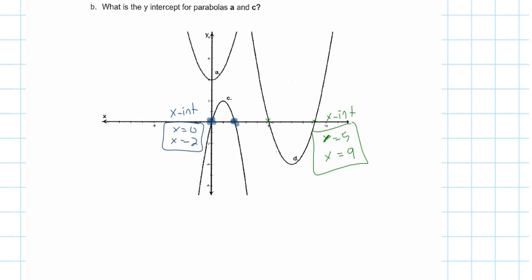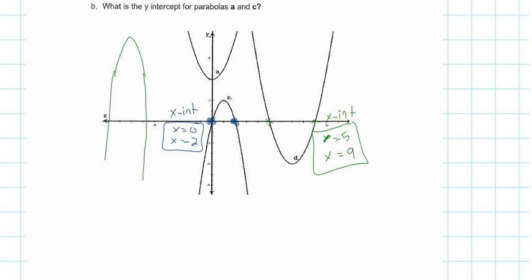Is it going to ever touch this axis right here? No, because it's opening up and it's going to keep going up. If it was going down, then yes, I can extend it and see where it's going to end. So if I had something like this, and they asked me to find the x-intercept, yes, I can estimate by extending it. But here, no matter how much I extend, it's never going to touch the x-axis.